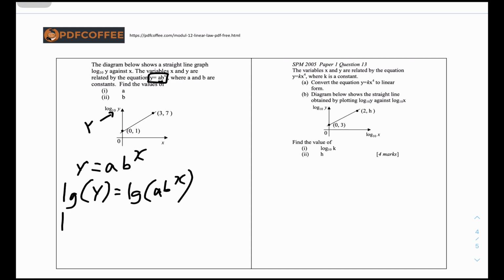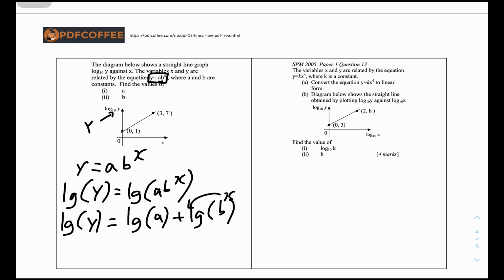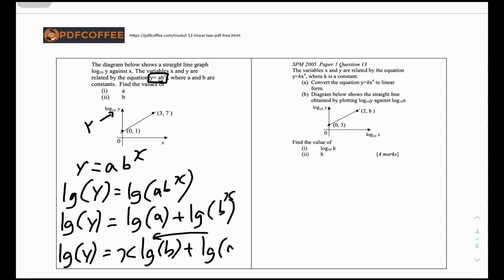And using the log rules, we can just split this log into two different logs to become log base 10 of a plus log b to the power of x. And using the log rule, we can pull this power down to the front to get us log y equals, let's just rewrite this to put it in front, x log b plus log a.